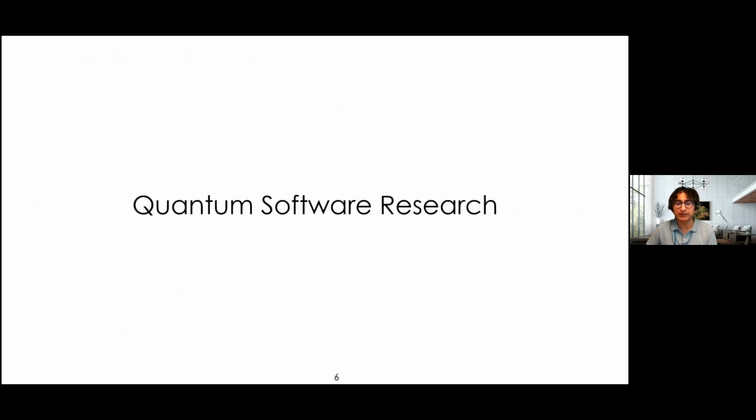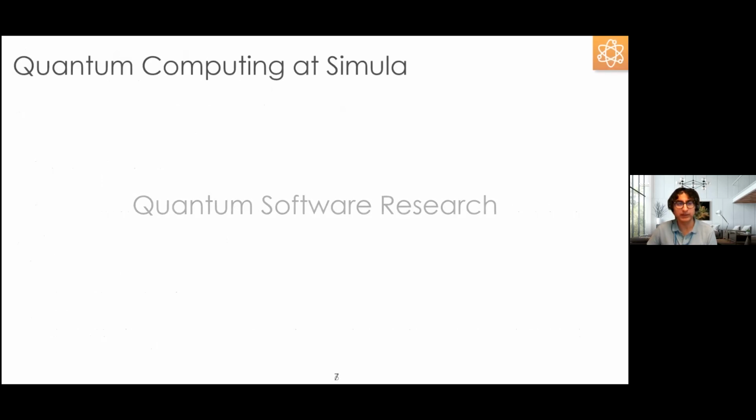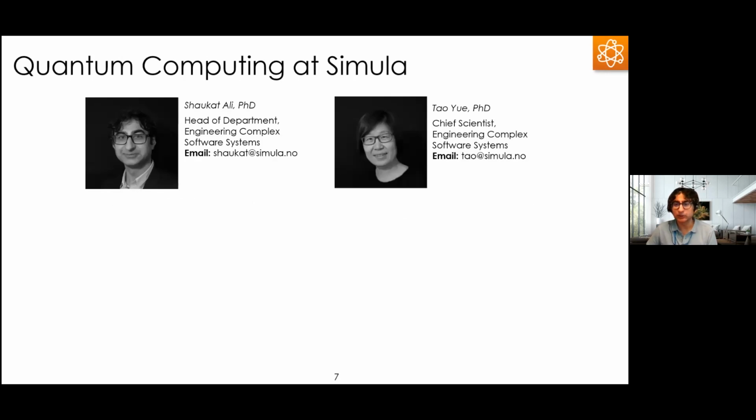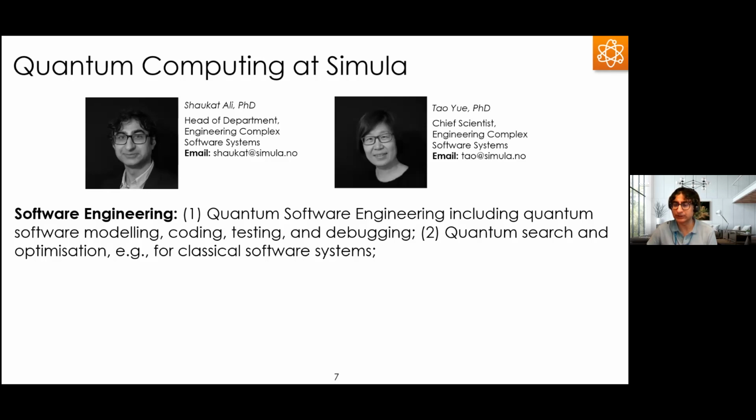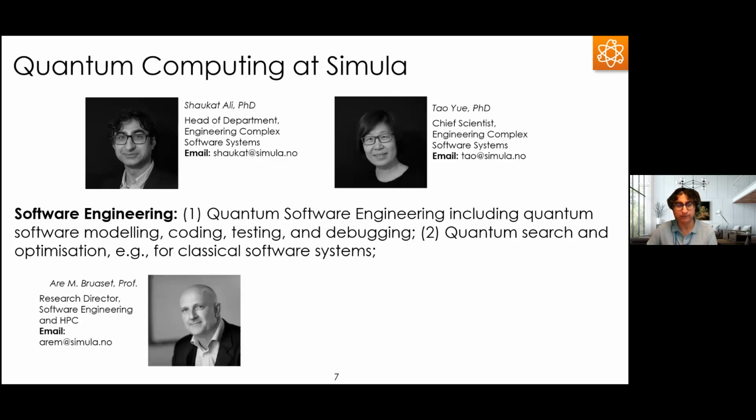So recently we started to look into quantum software research in our department, and mainly two people are involved in quantum computing, as I mentioned, my colleague Tao Yue and myself. We are looking into quantum software engineering, including software modeling, coding, testing, and debugging. We are also looking into quantum search and optimization for classical software systems.